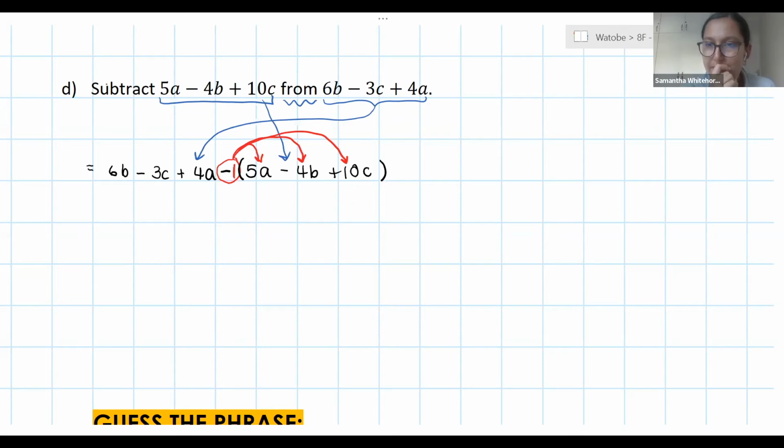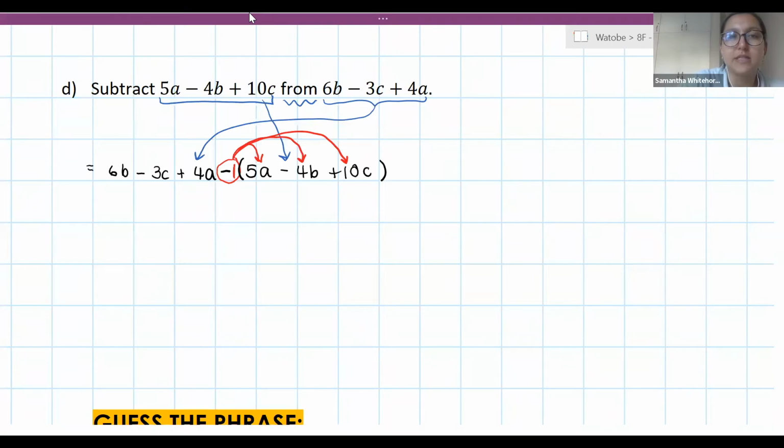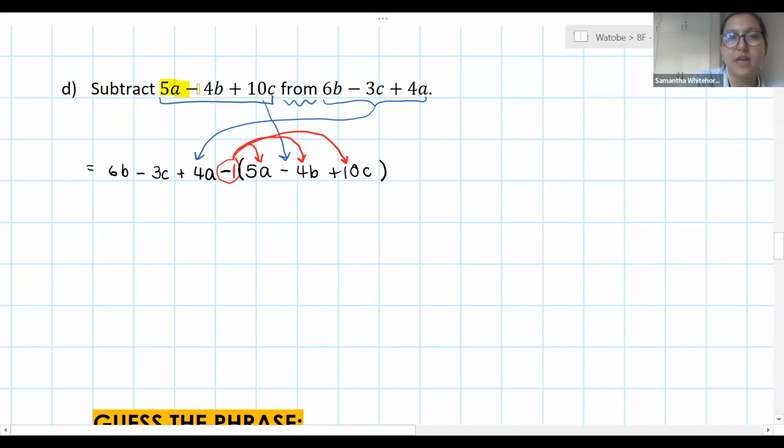Okay, Umakhara, in terms of the question, I'm not too sure where you don't understand. Maybe if you can let me know, but basically I'm going to run through it again quickly. Hopefully this helps. The question is saying subtract this entire expression 5a minus 4b plus 10c from the second expression.